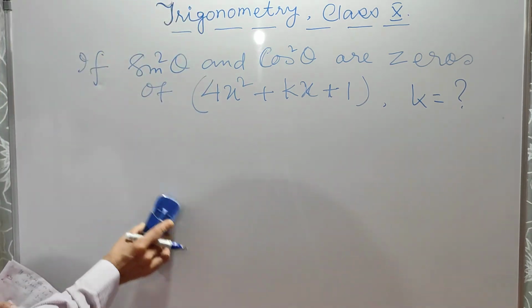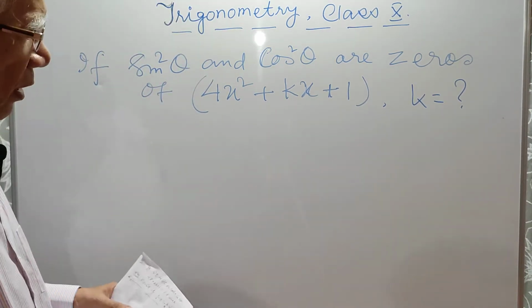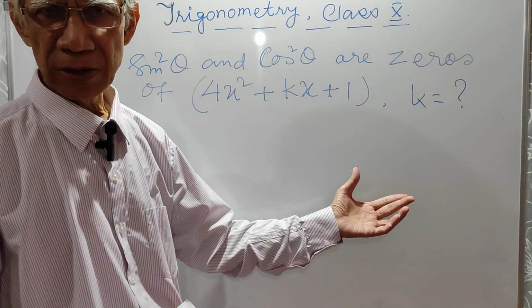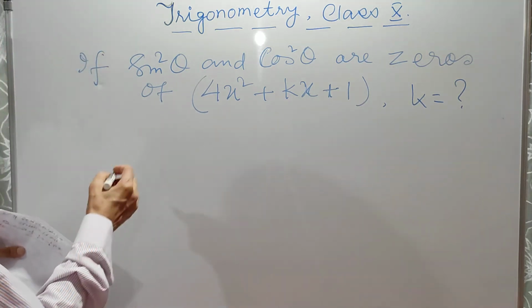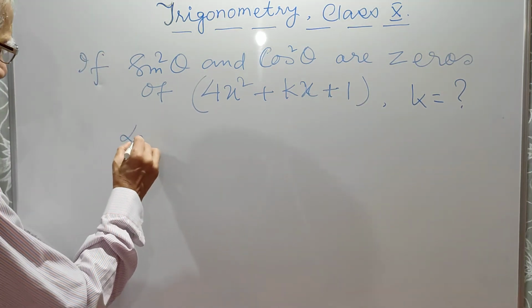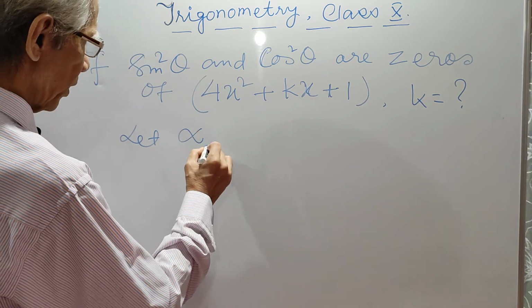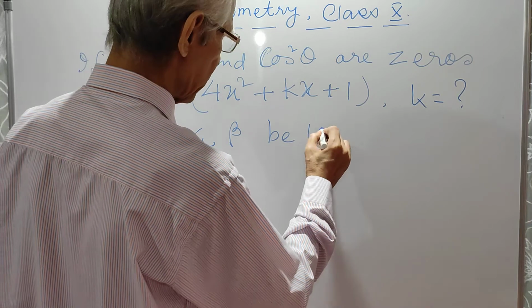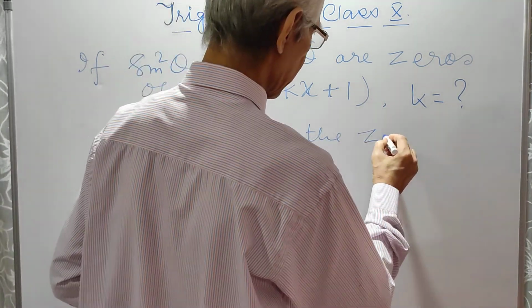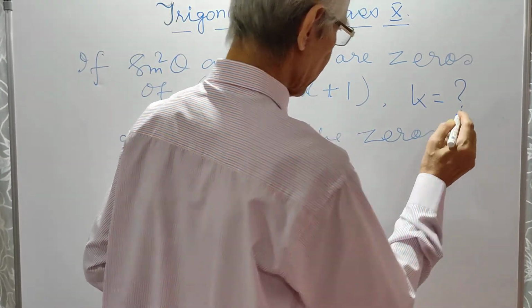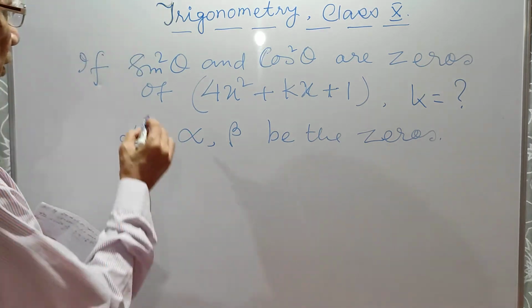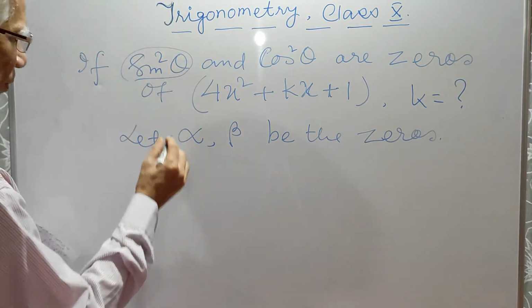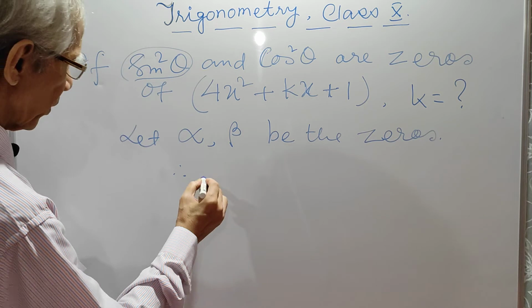Now in this case, let us see whether we will take the sum of the zeros or the product of the zeros. All right. So let alpha and beta be the zeros. Therefore we can take this one as alpha.